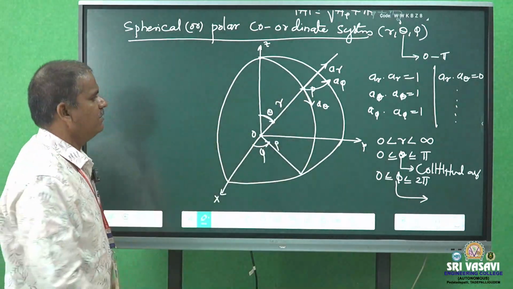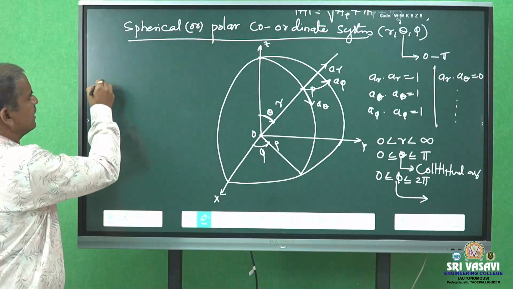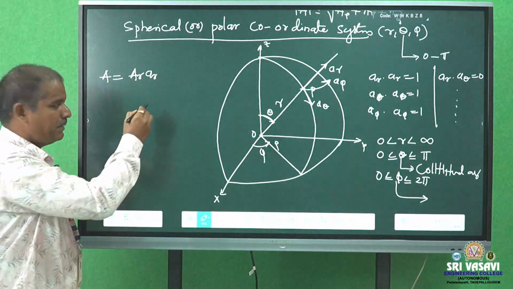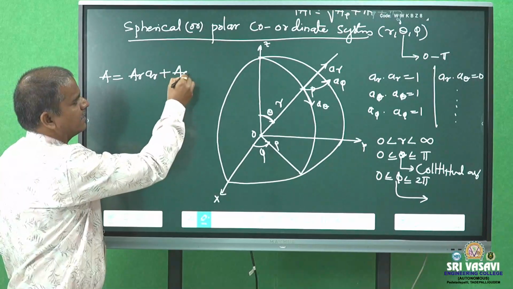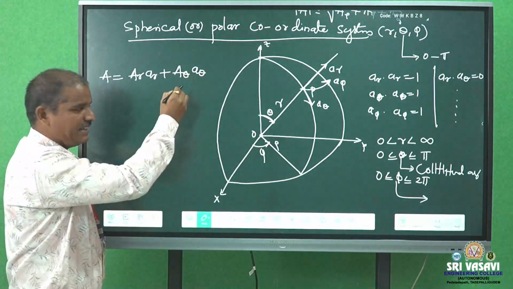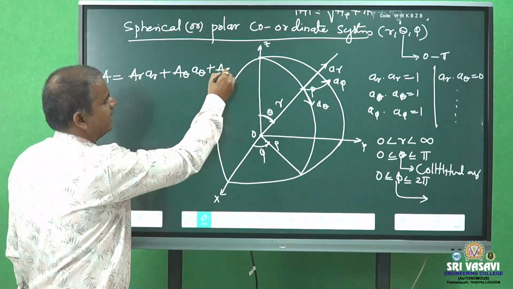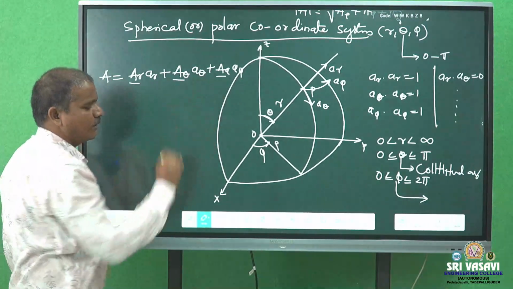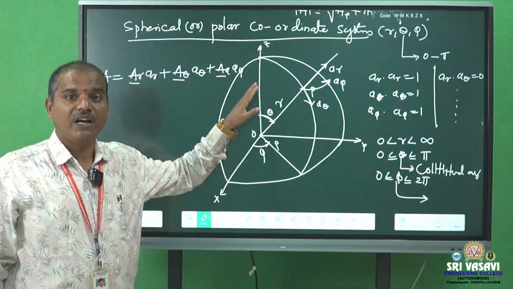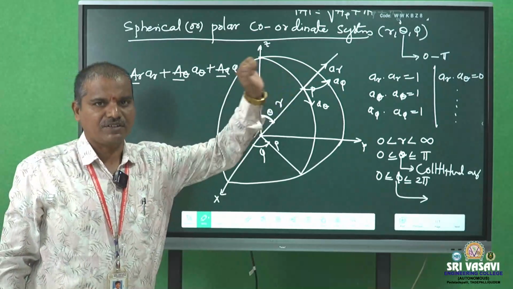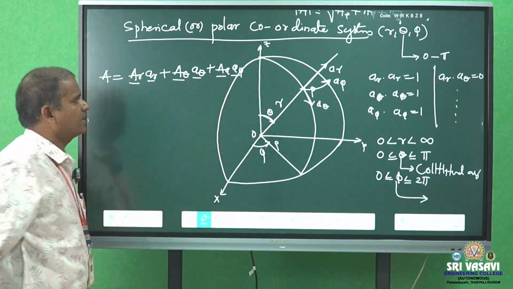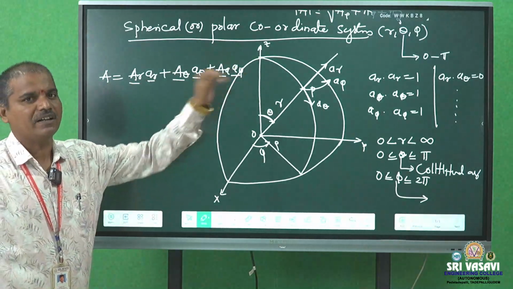In similar fashion, vector A represented in spherical is A equals A R a R plus A theta a theta plus A phi a phi. Look, A R, A theta, A phi are called the components of A along the R, theta, phi directions, where the unit vectors a R, a theta, a phi are along the R, theta, phi directions.